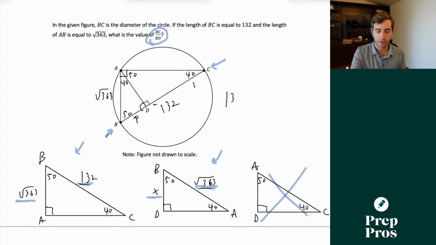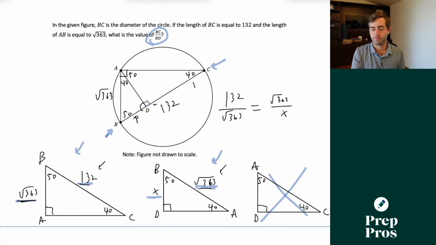We will do the 132, our first hypotenuse, over our second one, over root 363, and then we will set that equal to, we're doing bigger to smaller, root 363 is to X. Now we can just cross multiply. We'll get 132x is equal to 363. So that's going to give us that x is equal to 363 over 132.